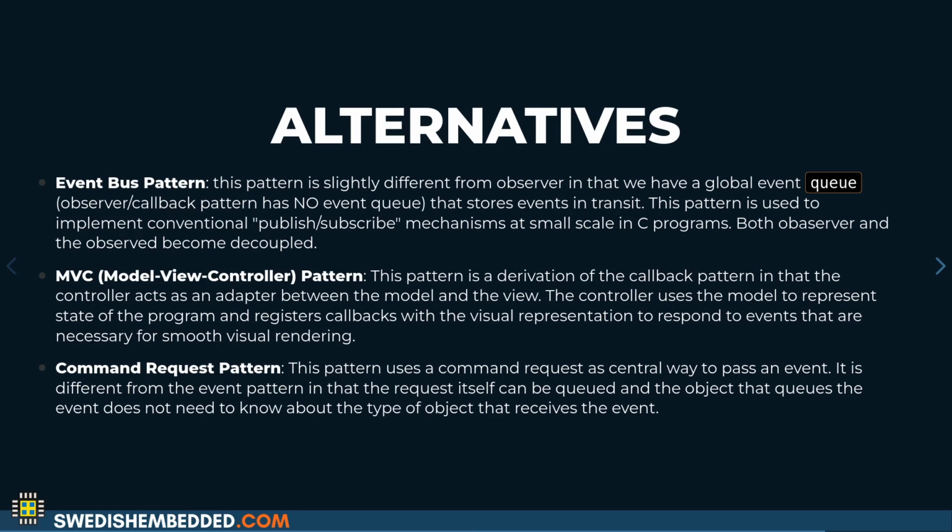The model view controller pattern builds on the callback pattern, but here we have our model and the view connected to the controller, and it's the controller that becomes the mechanism of decoupling the model and the view. And the command request pattern is where you execute the callback as data. So you pass a data structure.